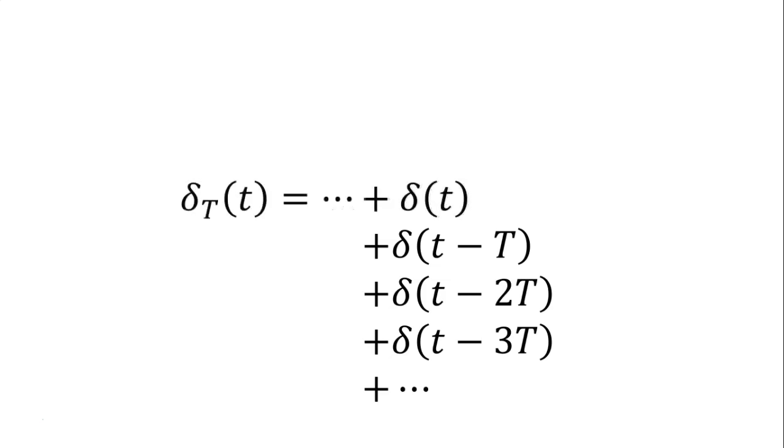What we have is a series of direct impulses that are spaced by capital T seconds along the time scale for all time, such that one of these impulses lands exactly at t equals 0. We call this repeating train of impulses delta sub capital T of t, where capital T specifies their spacing in time.